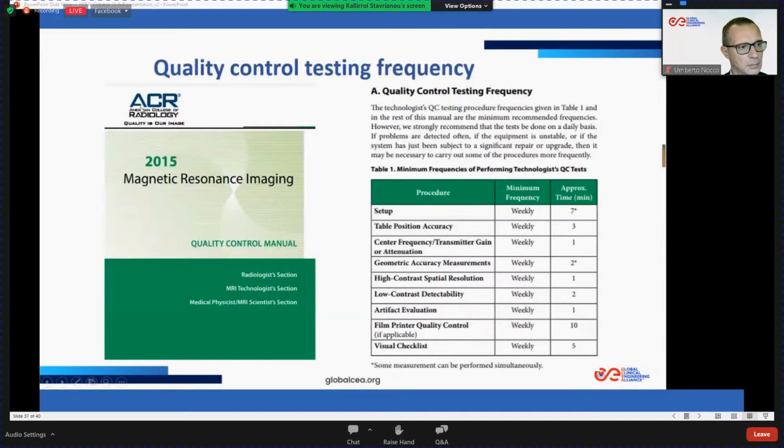According to the ACR Radiology Quality Control Manual, the quality control testing frequency is as follows. It needs one week or one month.